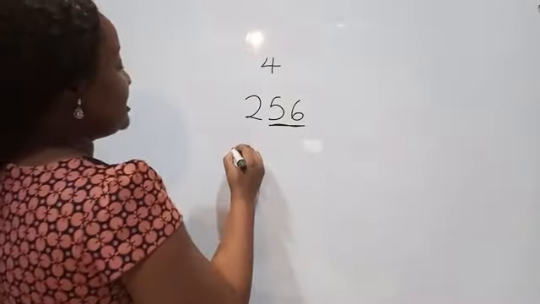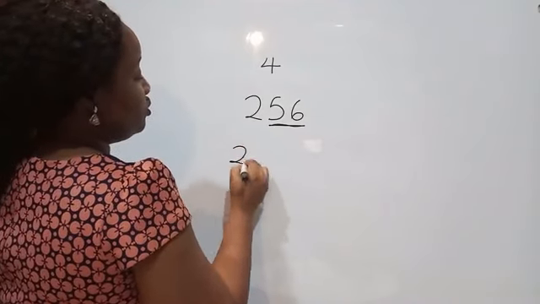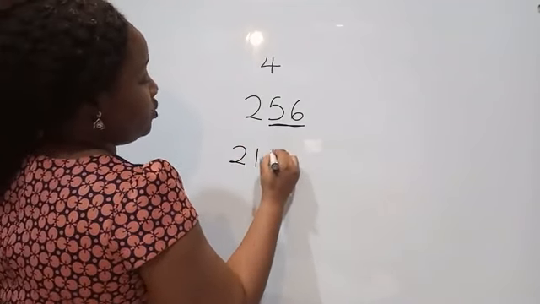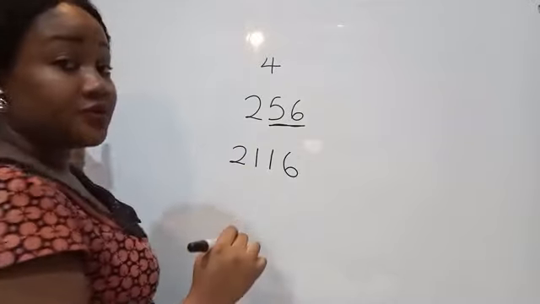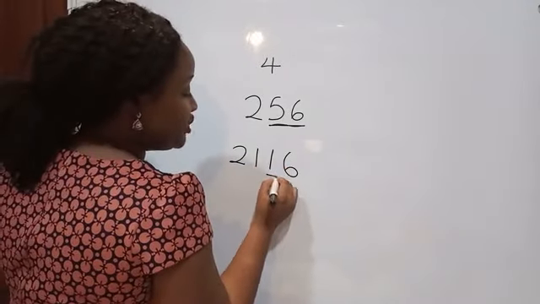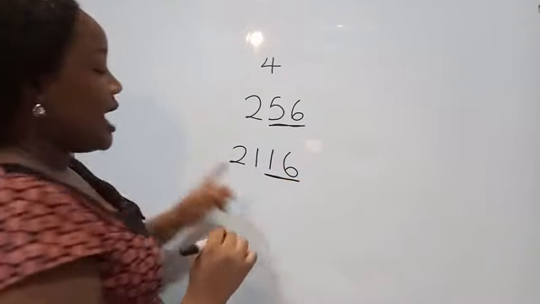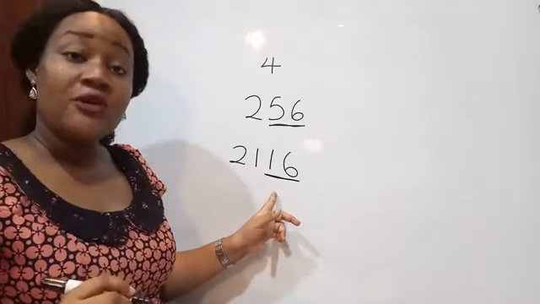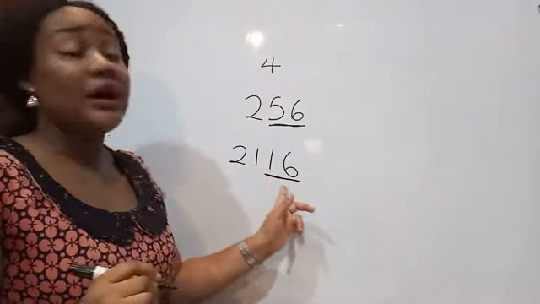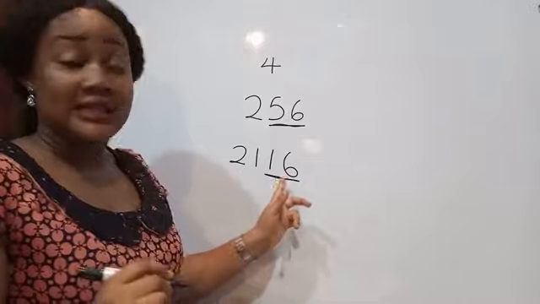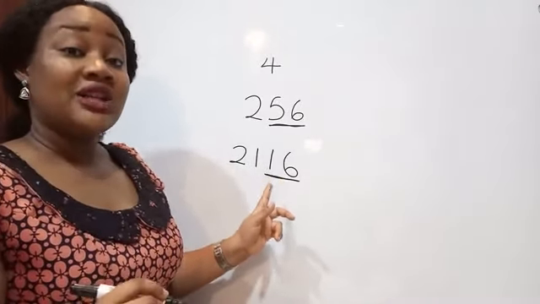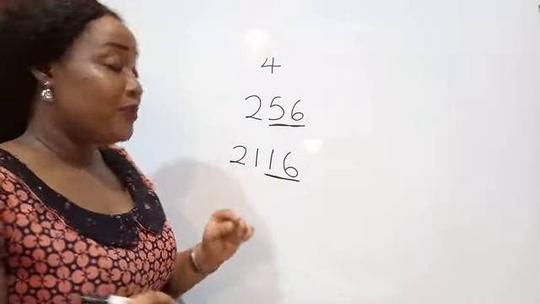Or you have something like 2116. We will be interested in the last 2 digits, and we know 16 is divisible by 4. So this whole number, 2116, is divisible by 4.